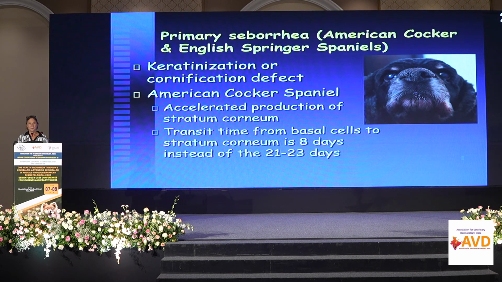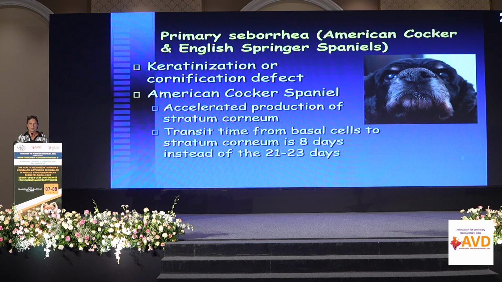So if you think about the fact that normal skin takes about 3 weeks for a keratinocyte to go from the basal cell layer to the top, a Cocker Spaniel with primary seborrhea will do this in a little bit over a week. So basically the skin is multiplying faster than it can possibly shed, right?